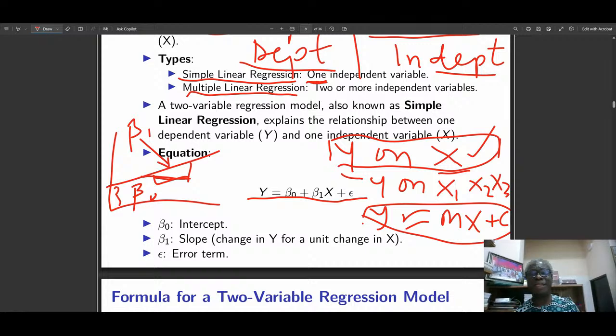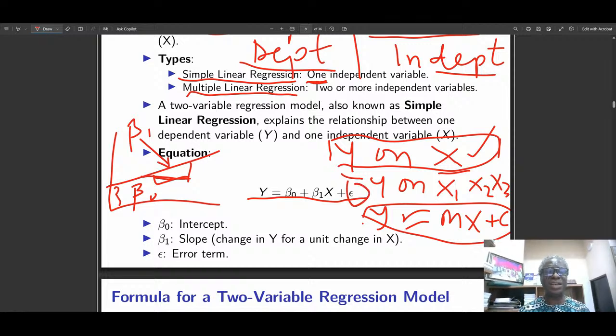So beta naught is the intercept. Beta 1 is the slope, which is a measure of the change in y for a unit change in x.